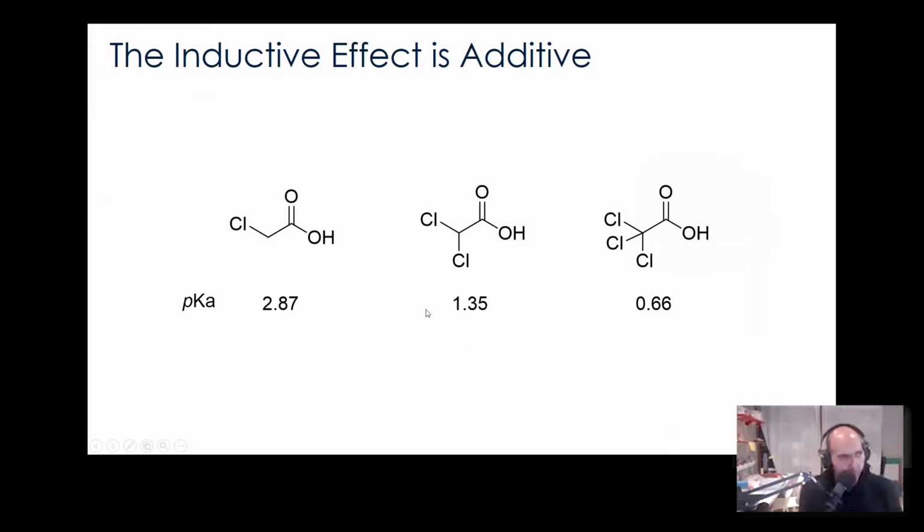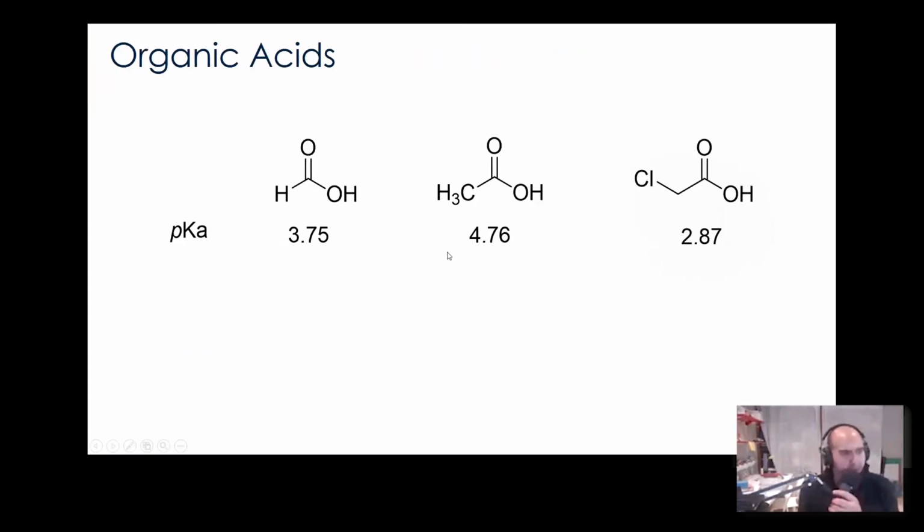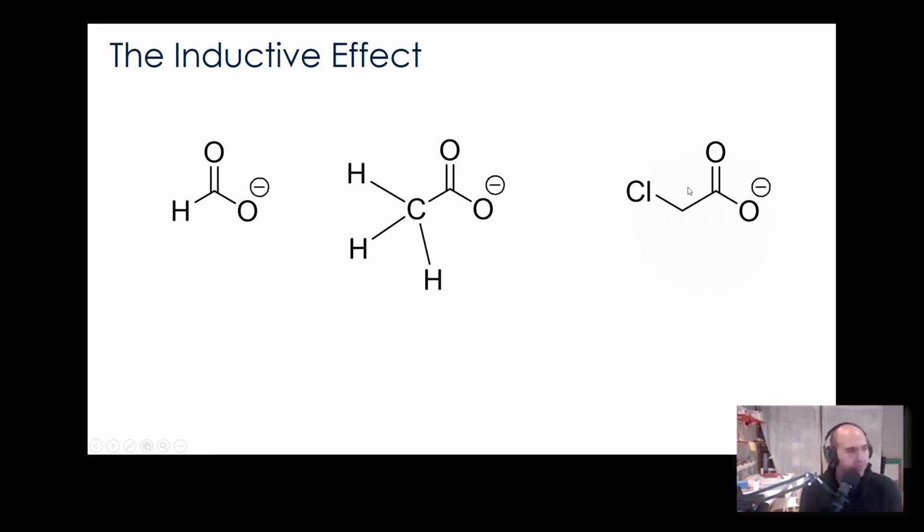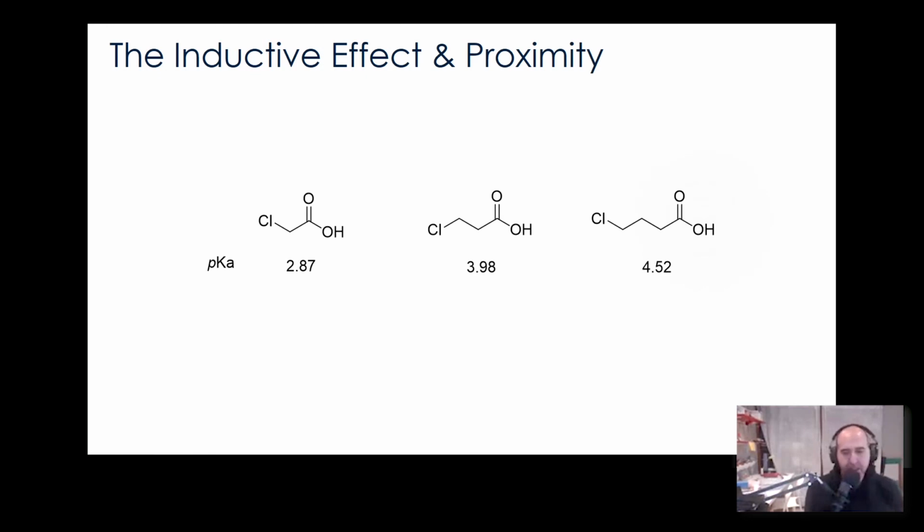So we saw here that we have the possibility for either an inductive effect that makes the acid weaker if we get a negative charge on this carbon, or an inductive effect that makes it a stronger acid by putting a partial positive on this atom. And the inductive effect has a few parts. The first thing is that it depends on proximity.